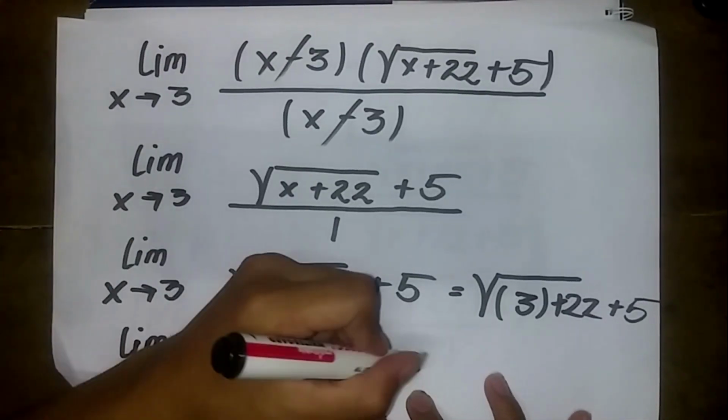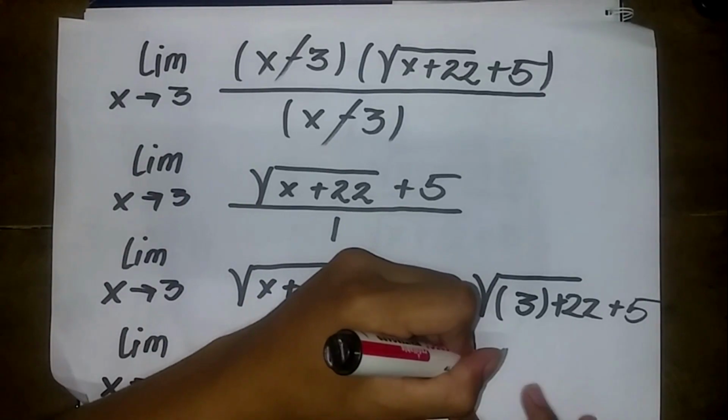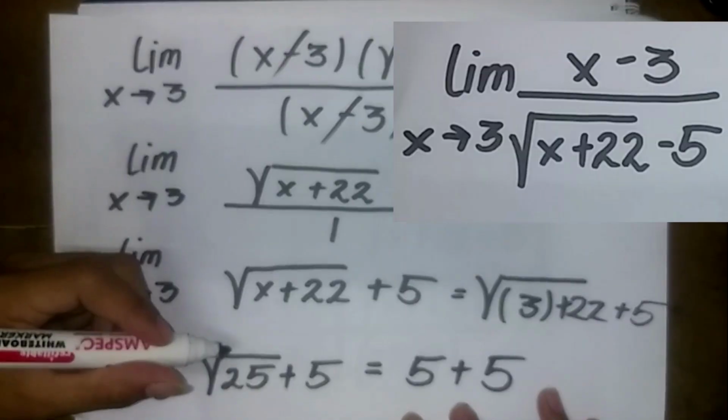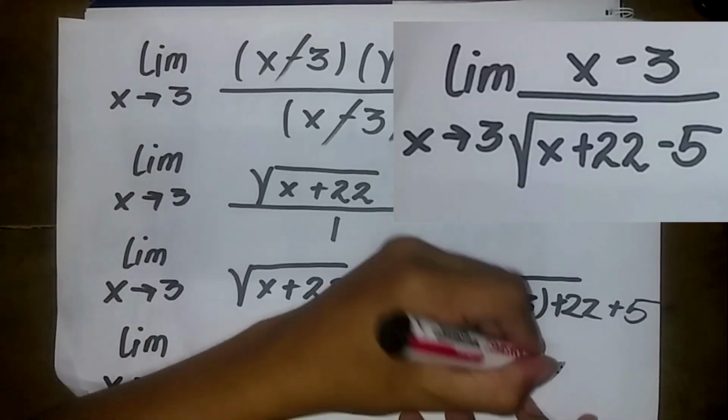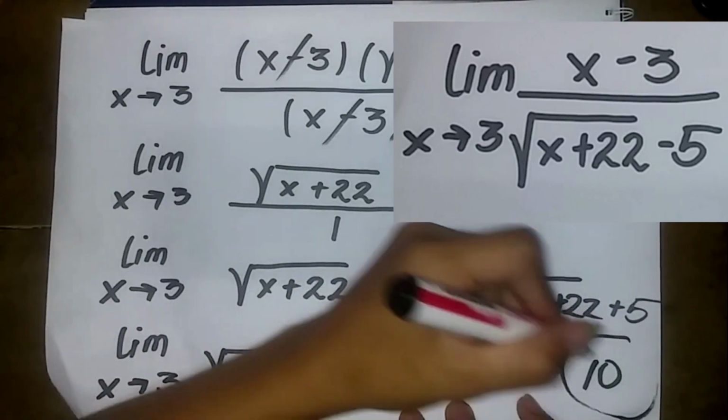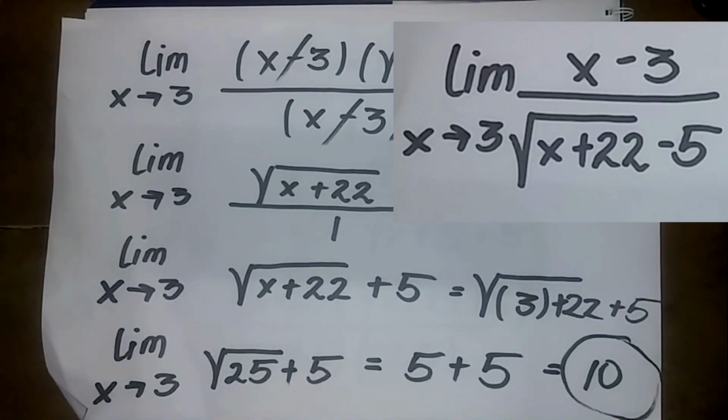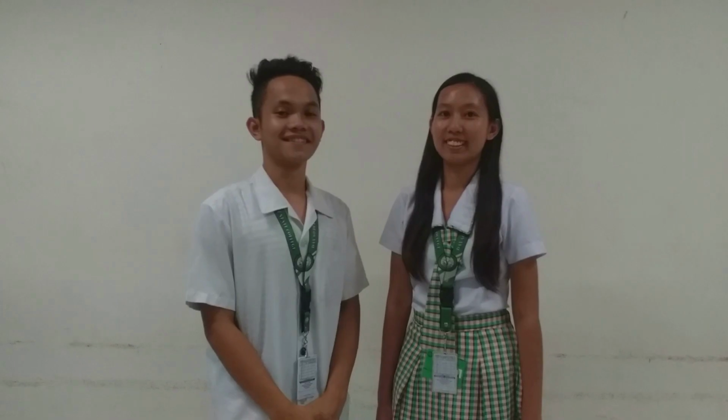So 5 plus 5 is equal to 10. Therefore, the limit of x minus 3 all over the square root of x plus 22 minus 5 as x approaches 3 is equal to 10.